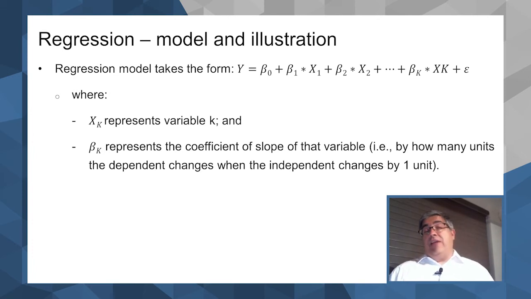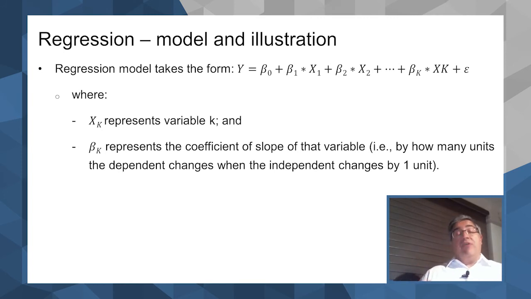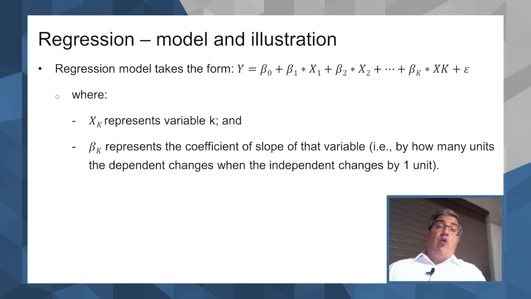If we have a single variable, we have a simple regression model. If we have more than one, we have a multiple regression model. But in both cases, they allow us to predict the value of the dependent variable as a function of 1 or more independent variables.